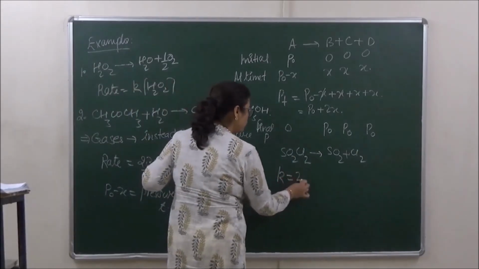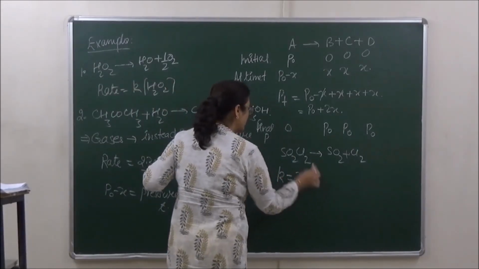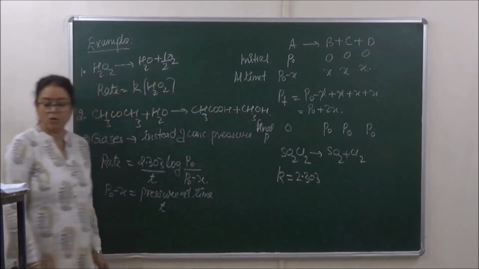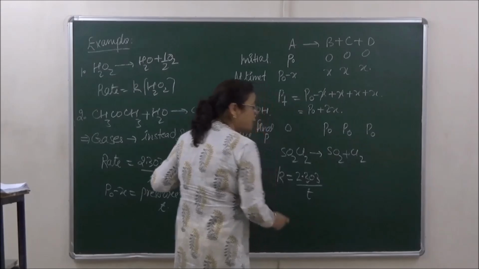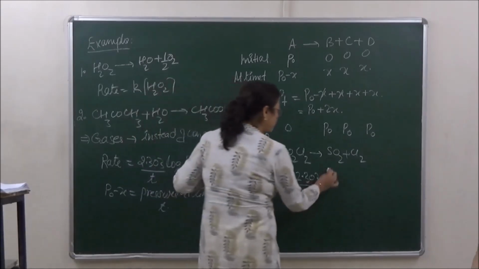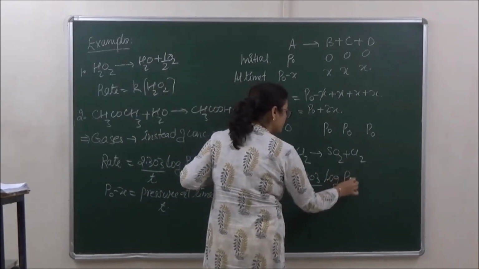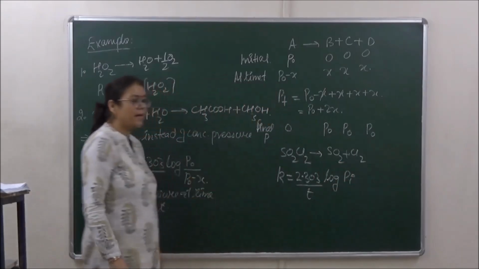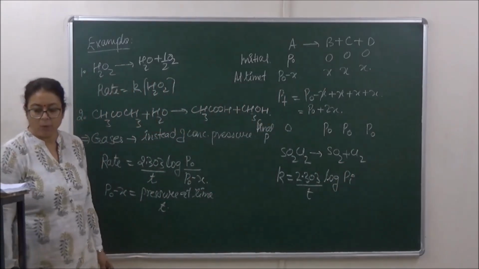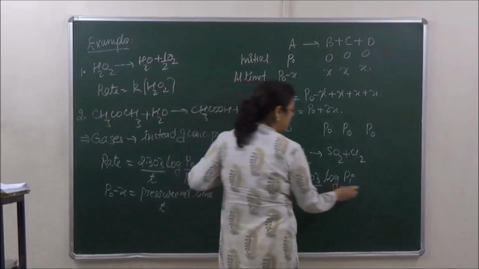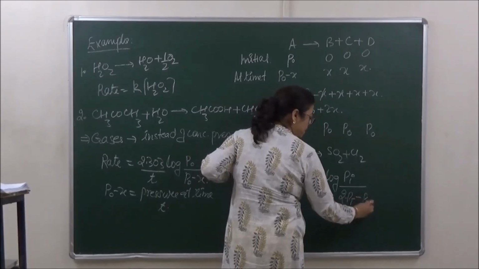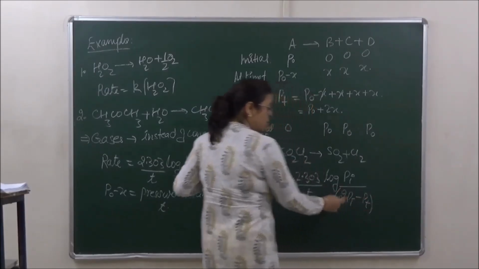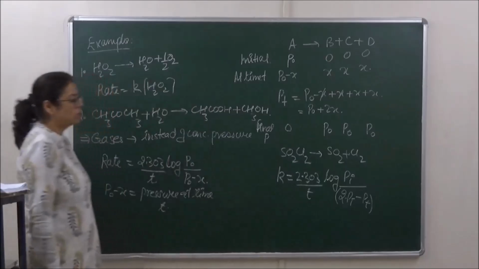We are going to use a special equation. K is equal to 2.303 upon T log of initial pressure, which is represented by Pi, upon Pi minus P total.